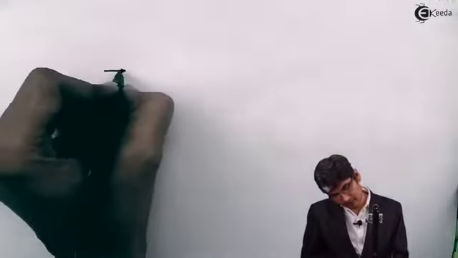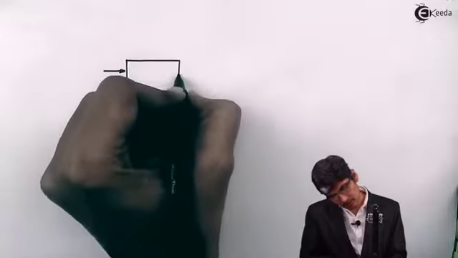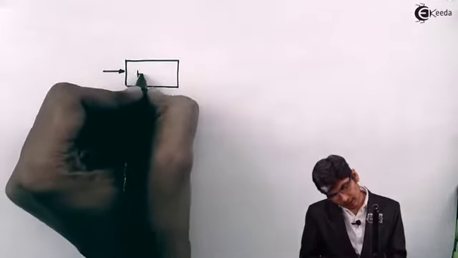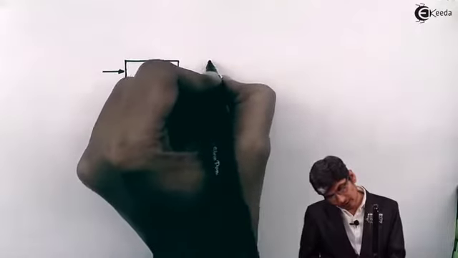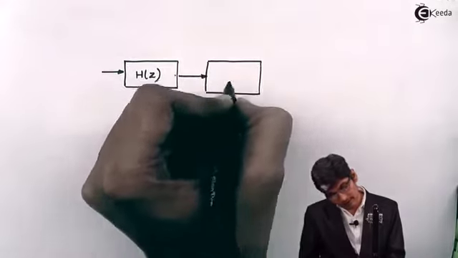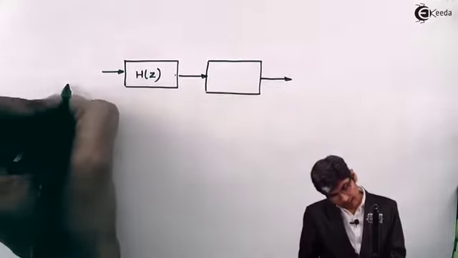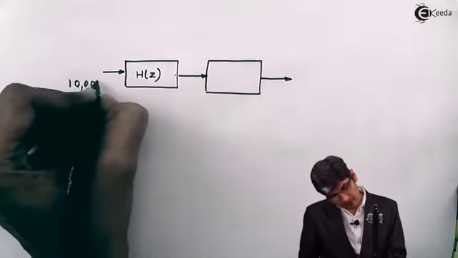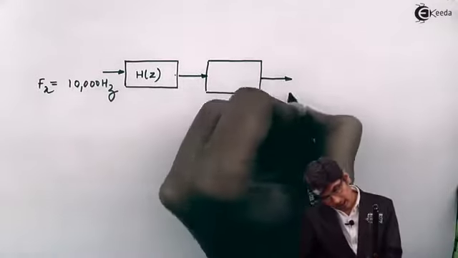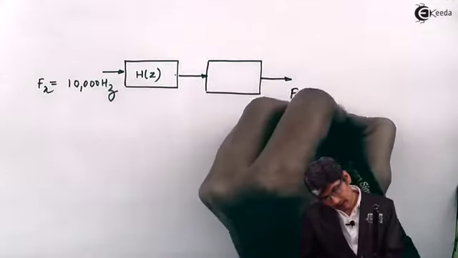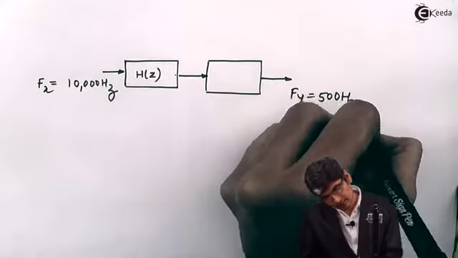It should look like this: I need to incorporate a filter to avoid aliasing, and the output of the filter will go to a decimator. The input sampling rate here is 10,000 hertz, which is fx, and fy is 500 hertz.